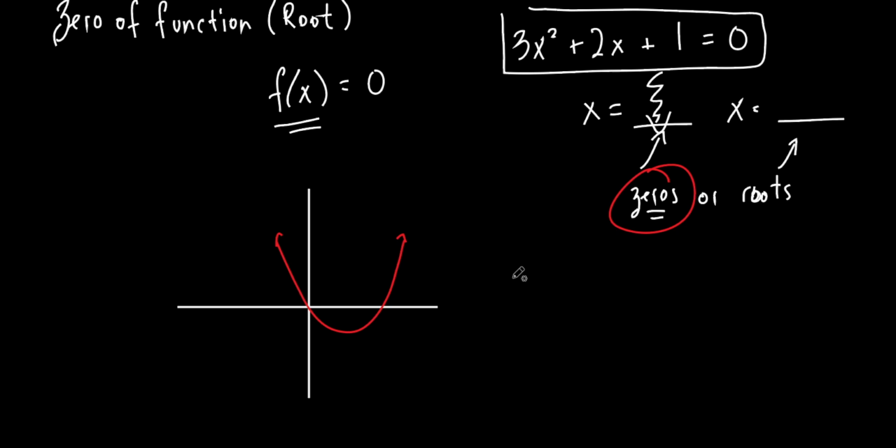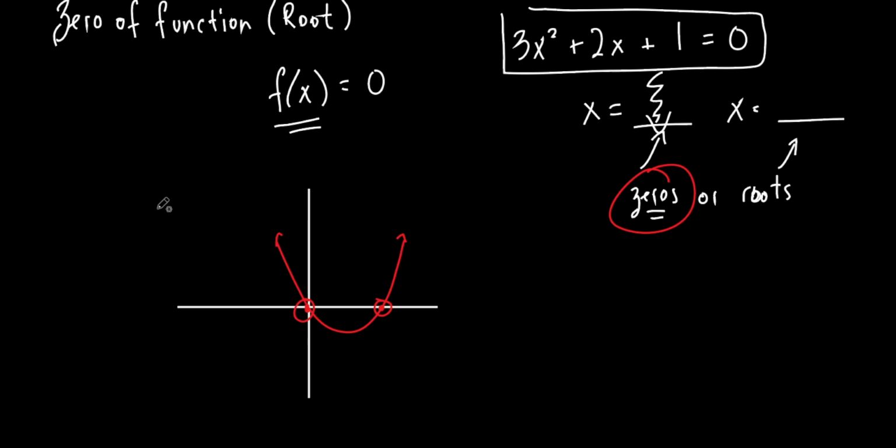The x, not just the x-axis, the x what? Intercepts, that's right. So that would be an x-intercept, and that would be an x-intercept. That would be a solution for x. So if I said find the zeros of it, you could always look at the graph to see where they cross the x-axis.